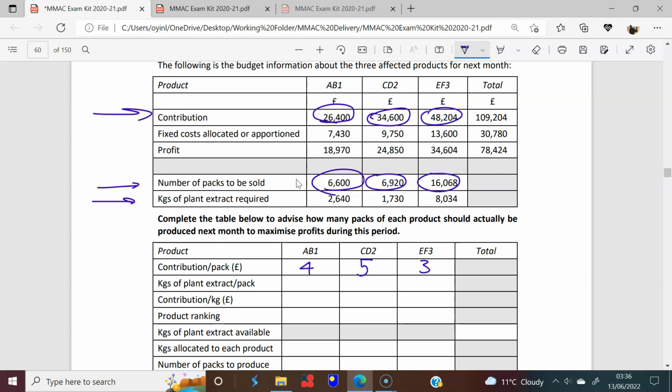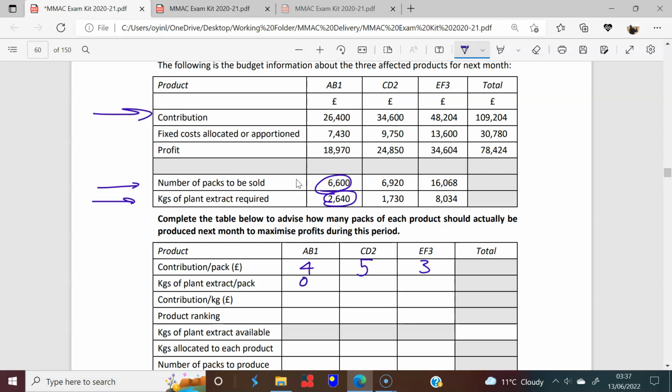Then we are told that we need this amount of plant extract for this number of packs. So I suppose we can find the kilograms per pack, which would be dividing this by this. So 2,640 divided by 6,600, which is 0.4.